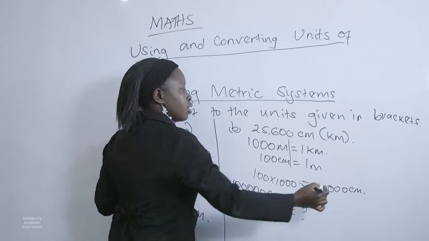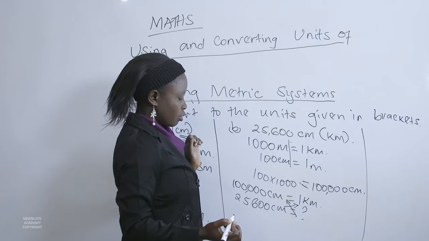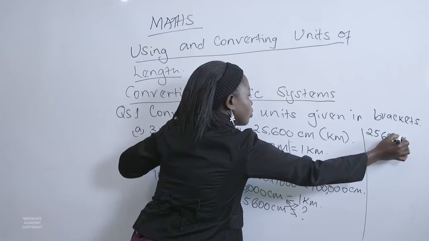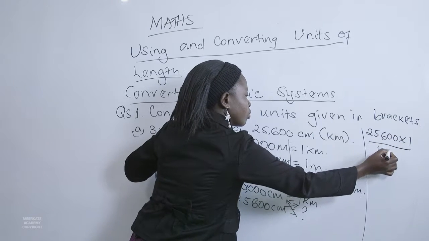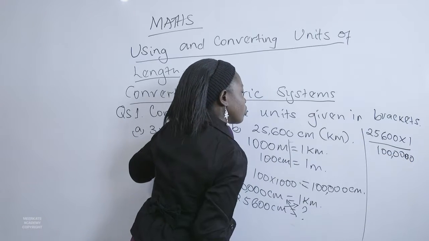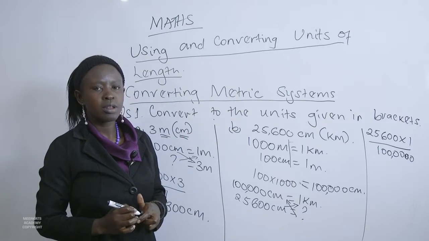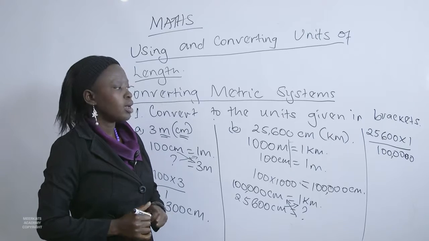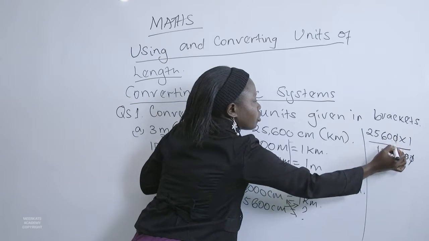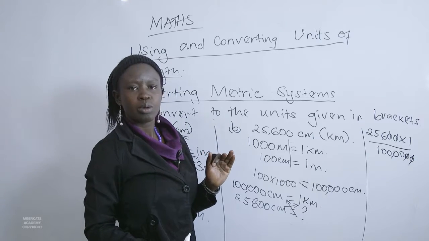So this means that we will have to cross multiply, so that we have 25,600 times 1 divided by 100,000. If we simplify, we have the 0 and 0 cancels out. Then we are left with 4 zeros.